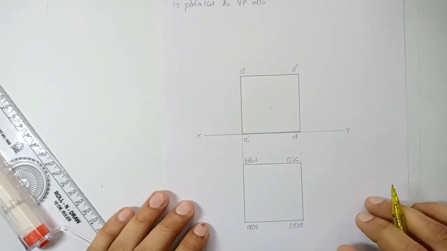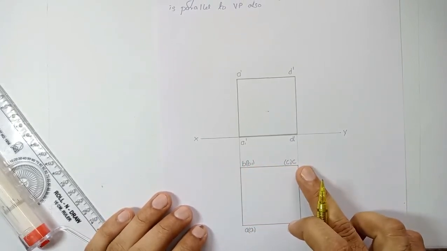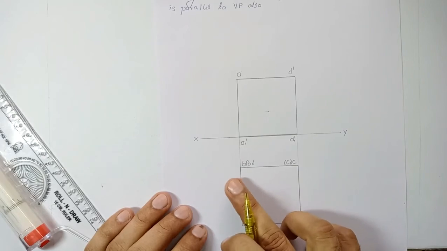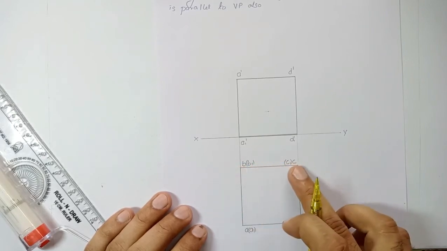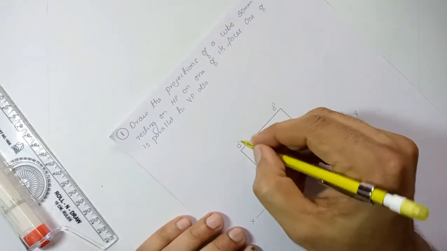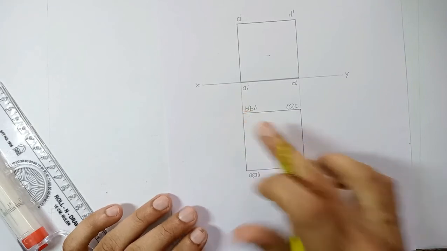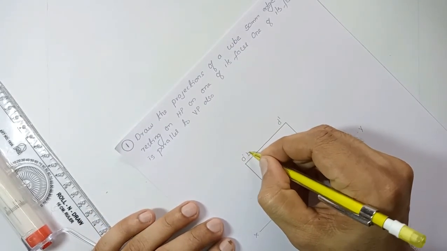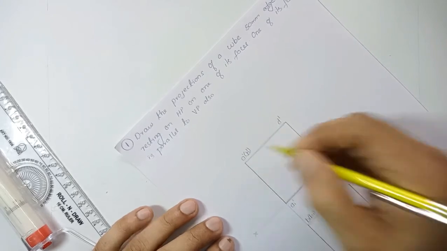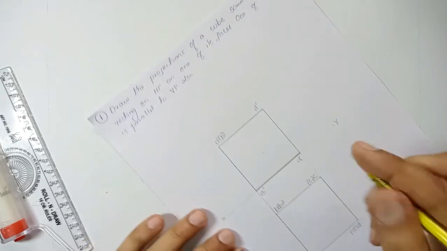Likewise, the corners that are invisible in the front view, here this is the back side of the cube, is it? Invisible corners will be on the top, it will be B and C, is it? So behind A we are having B, which is invisible. We shall write it in brackets because it is invisible, so B dash, and behind D we are having C, which is again invisible.